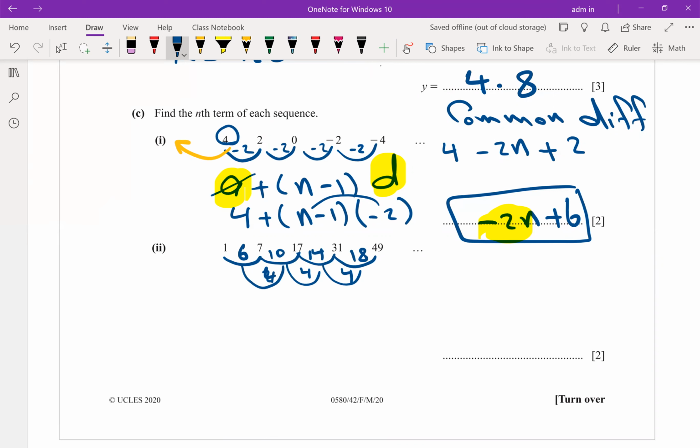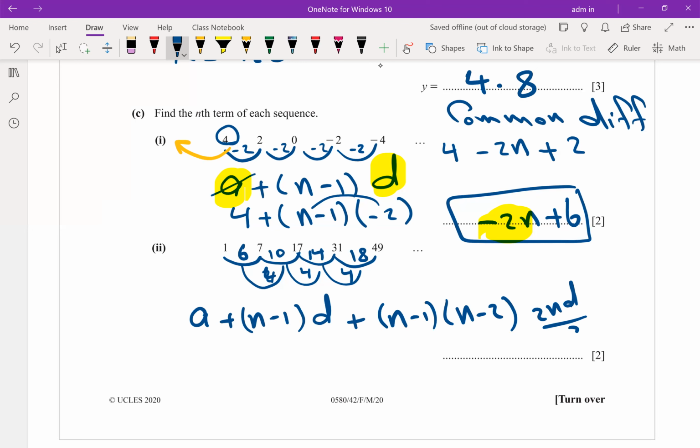Anyone remember how to get the nth term of a quadratic? Nth term of quadratic: a plus n minus 1 d, plus n minus 1, n minus 2, second difference divided by 2.